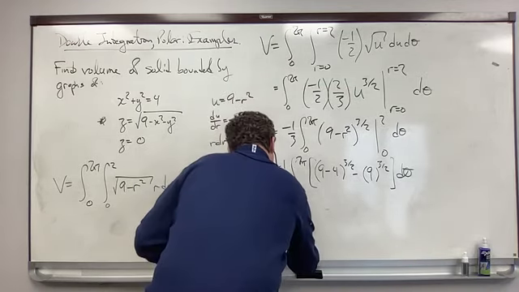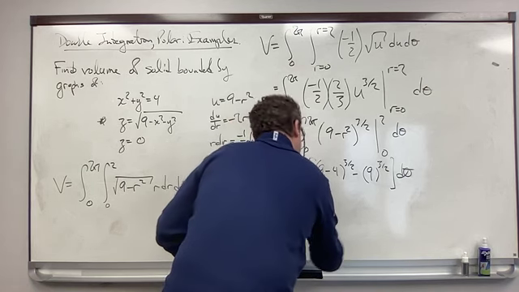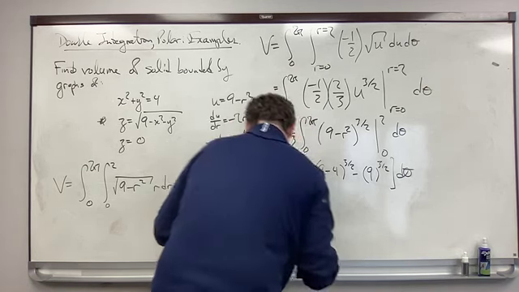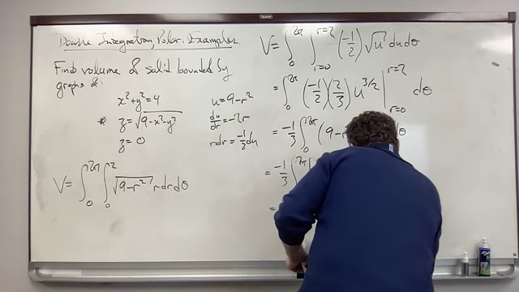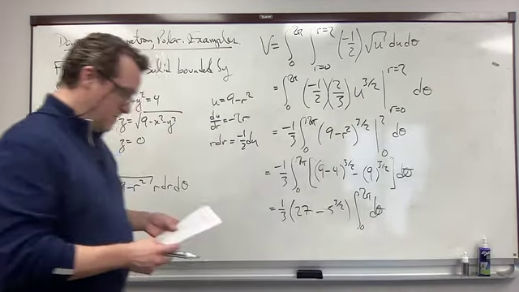This becomes 1/3. Then I've got this one, 27 minus 5 to the 3 over 2, which you can't really do a whole lot with. And then we have 0 to pi d theta. Okay?